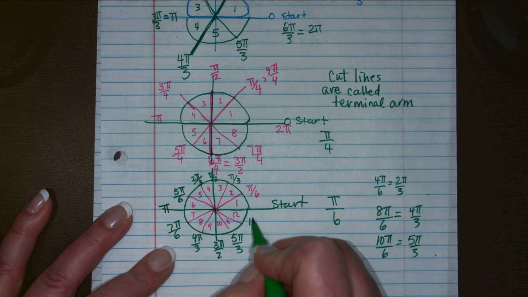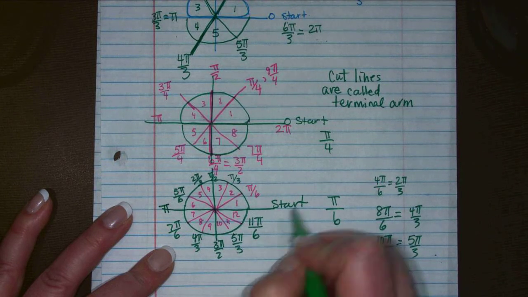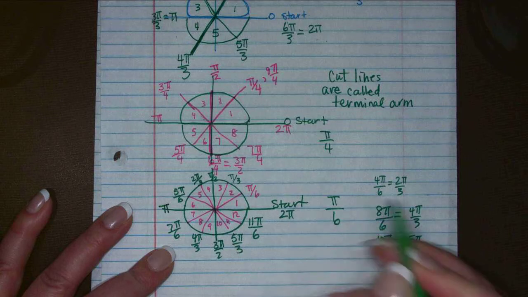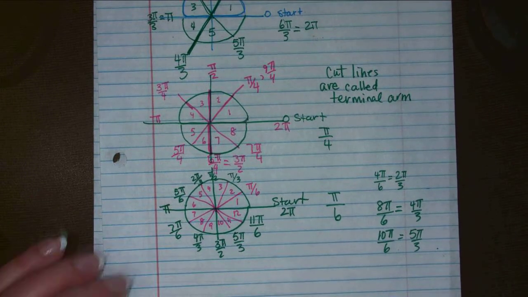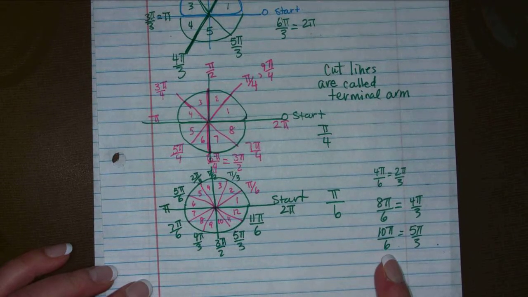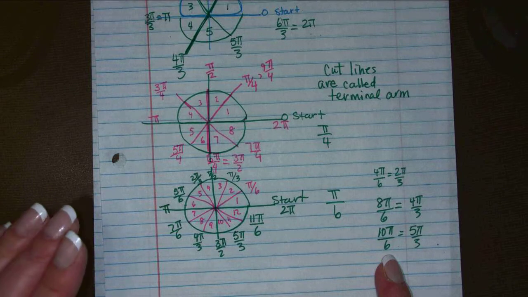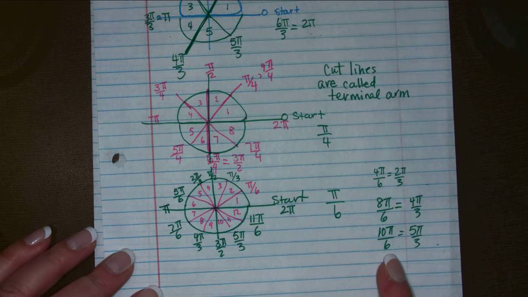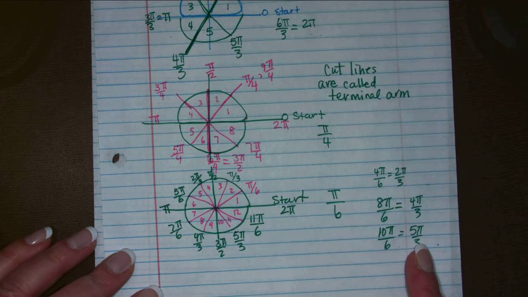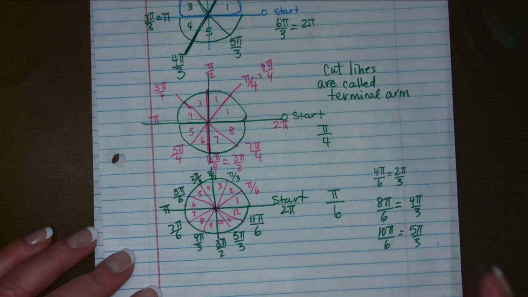And 11 pi over 6 doesn't reduce. And then back to the start, 2 pi. Okay, does that make sense? So you can write it as 10 pi over 6, but you have to always reduce your fractions, okay, with trig to get the right value. All right, so we know how to draw them, sort of.